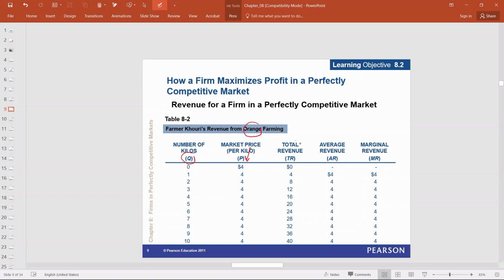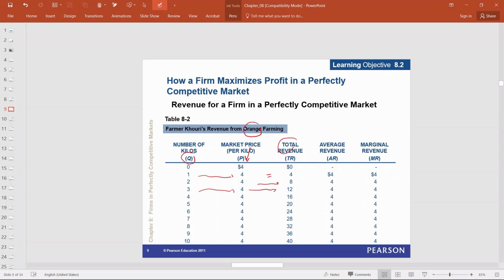And total revenue is just the quantity sold multiplied by the price. That gives you the total revenue. So 1 by 4 is 4, 2 by 4 is 8, 3 by 4 is 12, and so on and so forth.